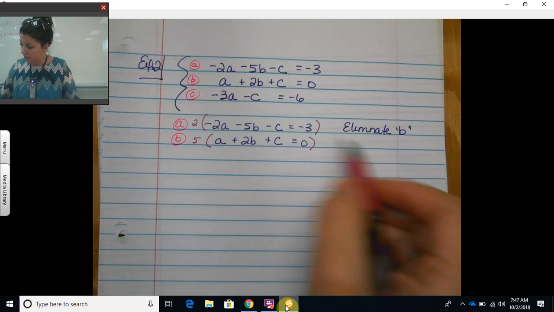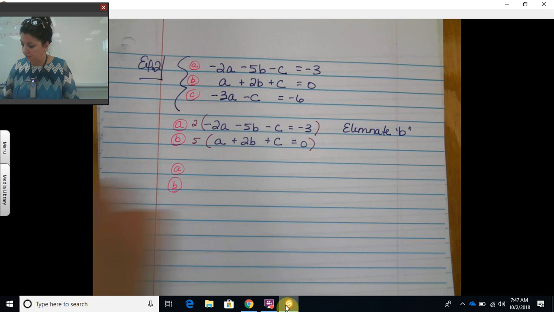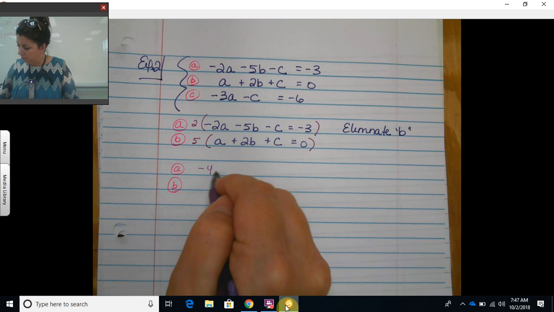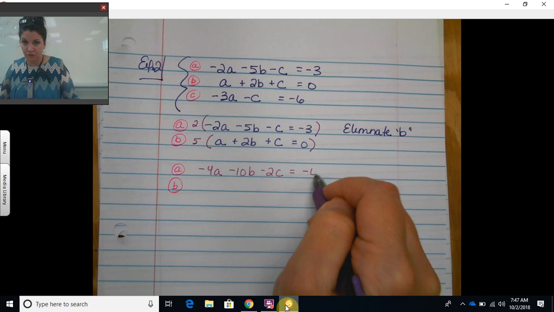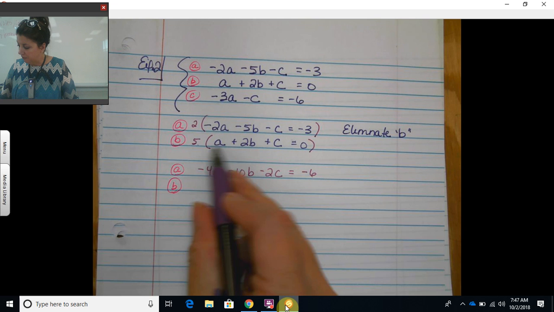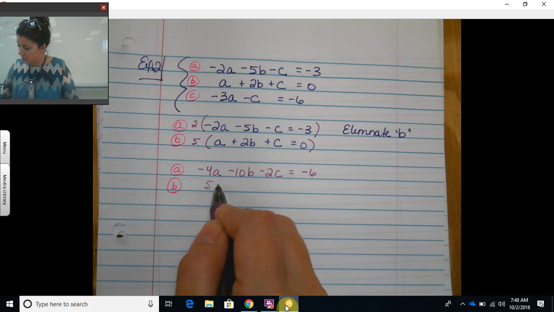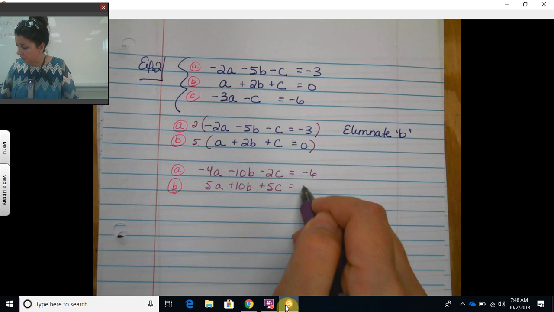And I wrote over here, so I'm just going to go down below to write my new equation A and B after distributing. So A would be negative 4A minus 10B minus 2C equals negative 6. Don't forget to distribute across the equal sign. Bottom equation would be 5A plus 10B plus 5C equals 0.